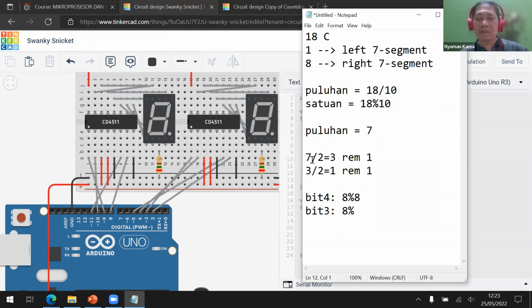How can we use this calculation and convert it using the program? Any suggestion? No? Okay.